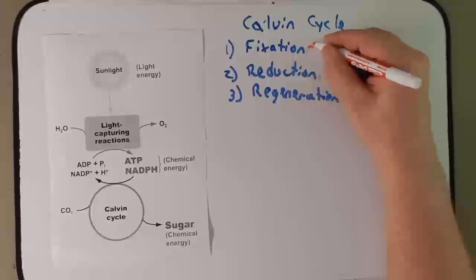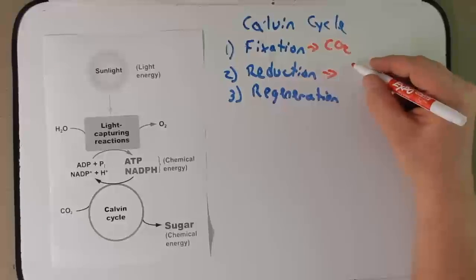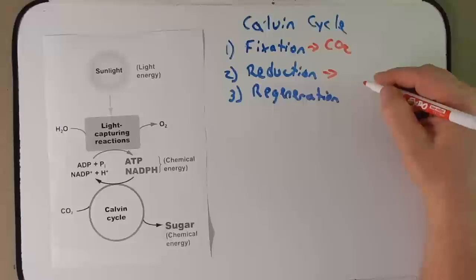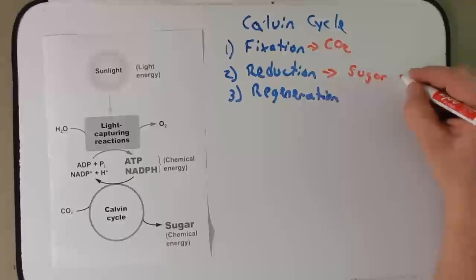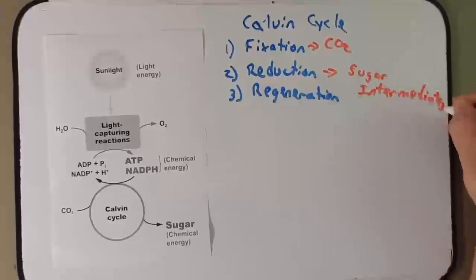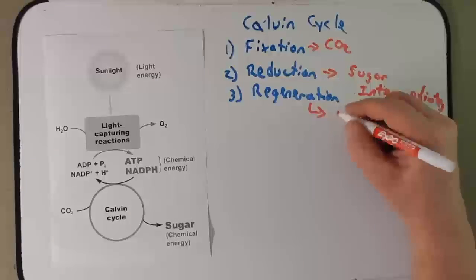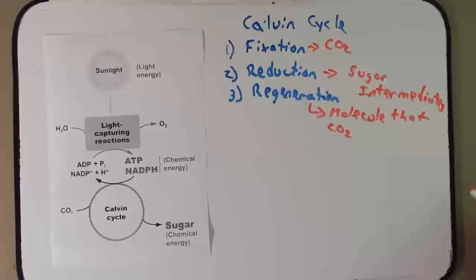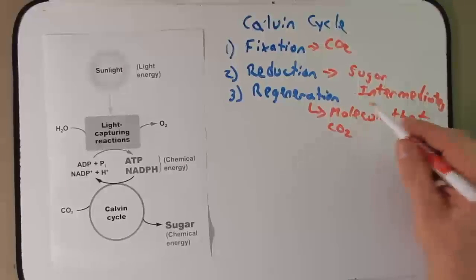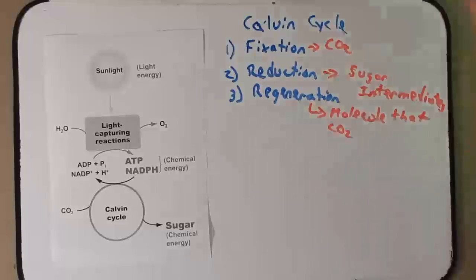The reduction phase is the part that's going to reduce the total number of carbons in the Calvin cycle, but this is when sugar intermediates are made. And then regeneration regenerates the molecule that carbon dioxide fixes. By regenerating this molecule, the Calvin cycle can continue. But let's break this down in a little bit more detail.